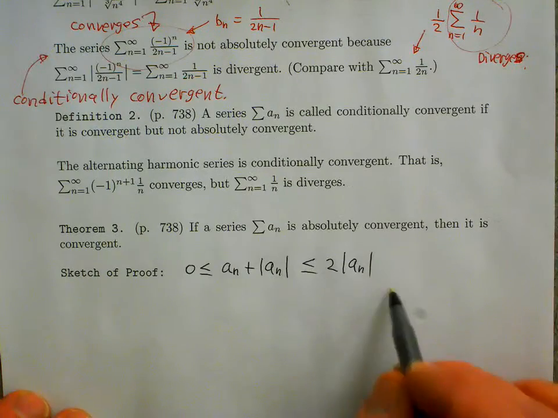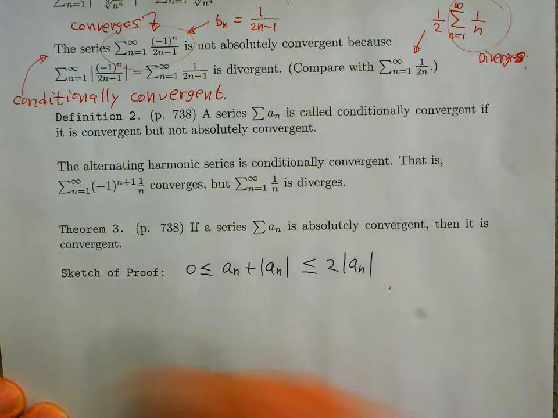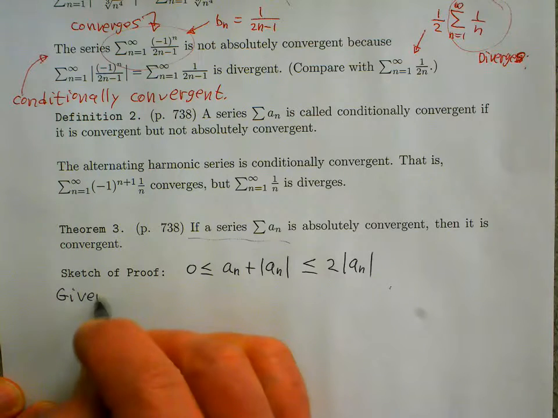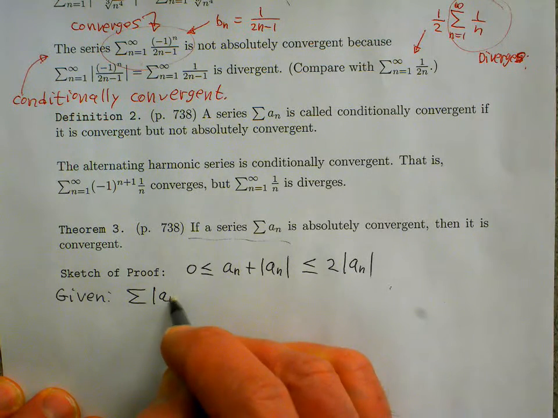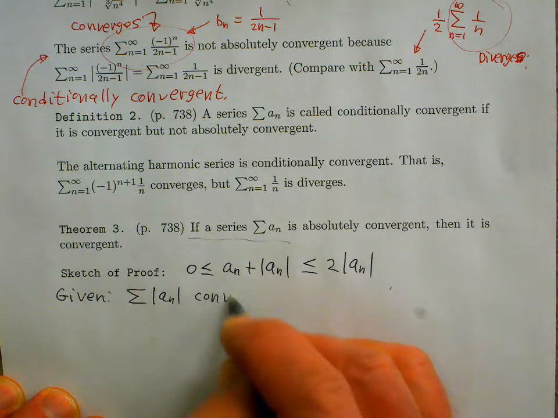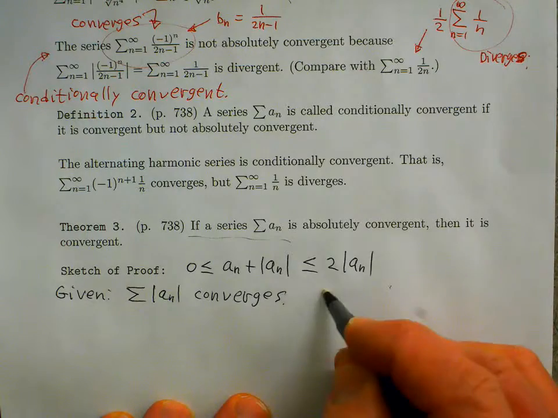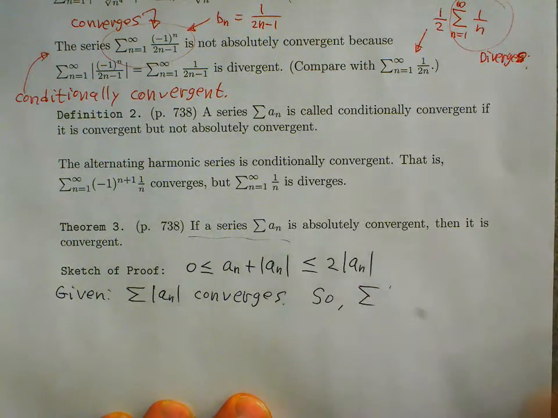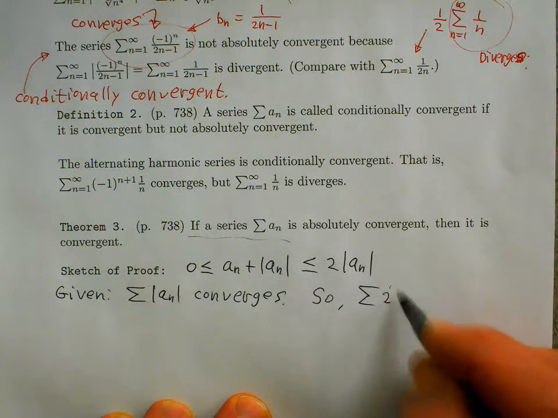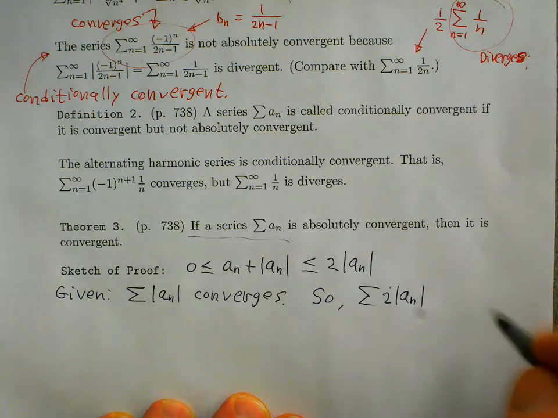Okay, if a series is absolutely convergent, so that's what we're given, that's the hypothesis. So we're given that the series is absolutely convergent. So this converges. So the series of 2 times the absolute value of a sub n also converges.